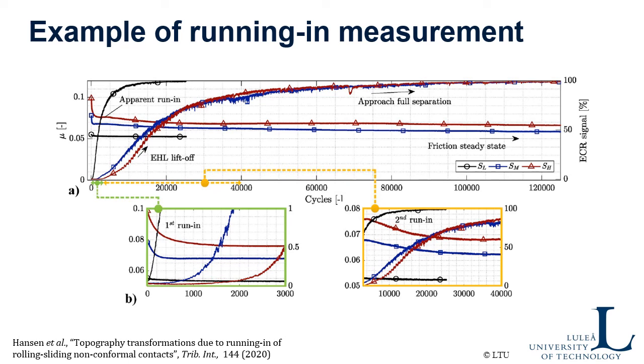It's typically the summit radius has been much bigger, the slopes have been a little bit smaller. And this is very important to understand, and this also makes the film parameter, the lambda parameter, less useful for EHL. But this is how it looks like in a running in experiment.